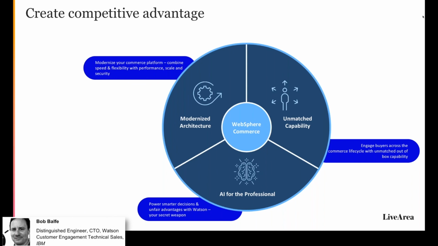And you mix that with the new architecture, and it just makes for a really great platform. And then lastly, what you're seeing added to the platform is artificial intelligence, i.e. Watson. So as the platform matures, even in the last year, I'm sure you have heard or have seen a lot of different areas that are affected by AI in the commerce portfolio.